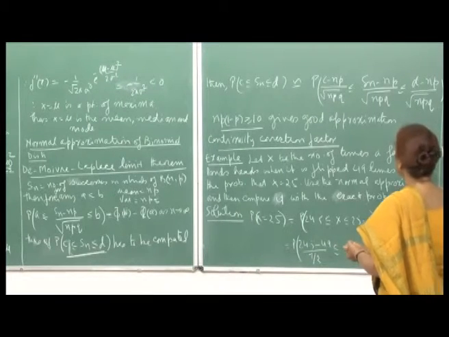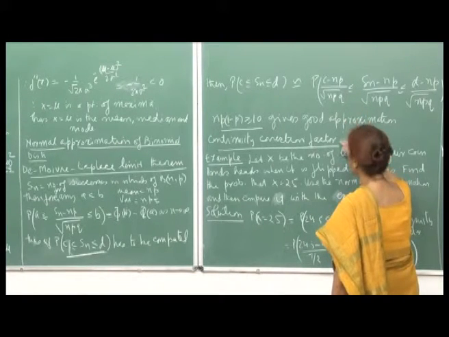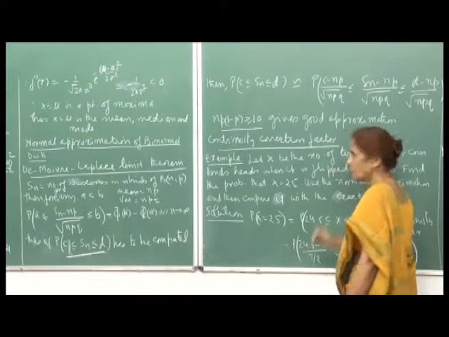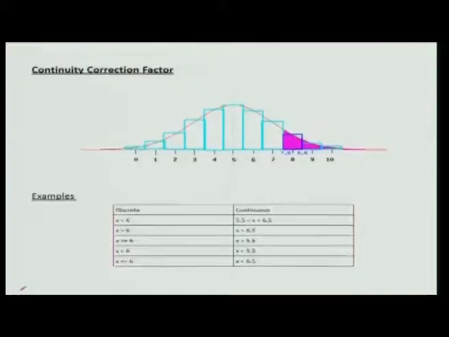Okay. Now, there is an important aspect to this approximation, and that is the continuity correction factor, which I will discuss here. So, look at this curve. I have the binomial curve here, the bar chart, and then the red line curve is the normal approximation.